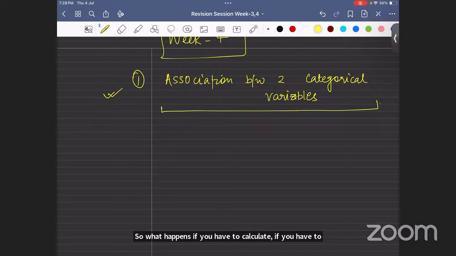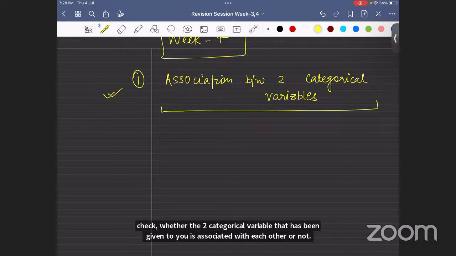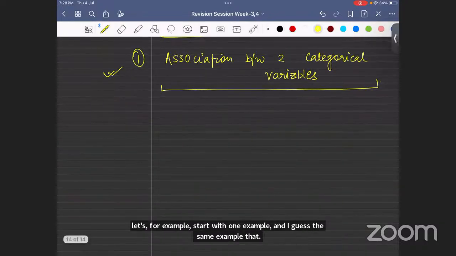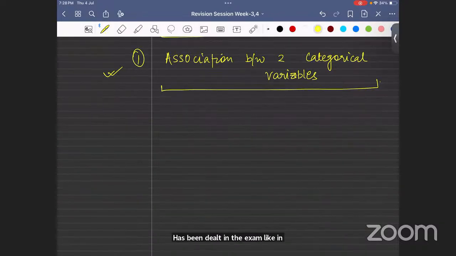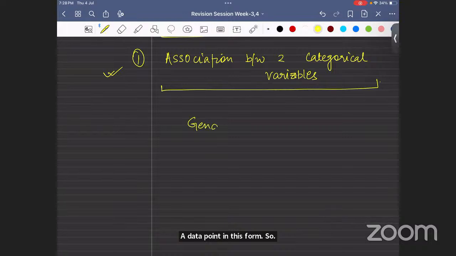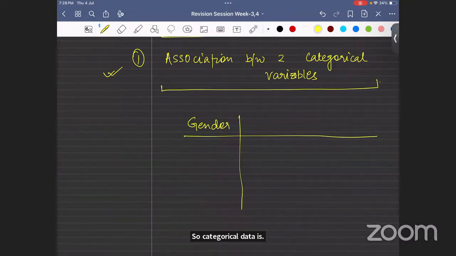Let's start with one example, and I guess the same example has been dealt with in the lectures also. You have been given data points in this form. You have categorical data as gender, and then the other is owning a mobile phone.